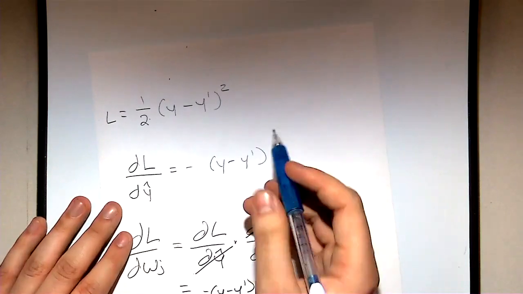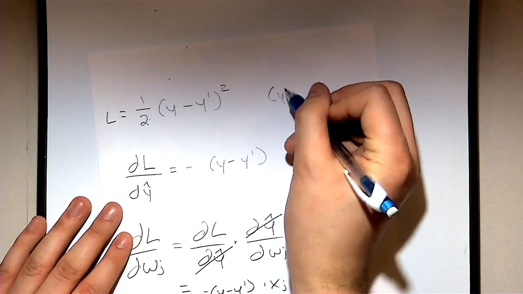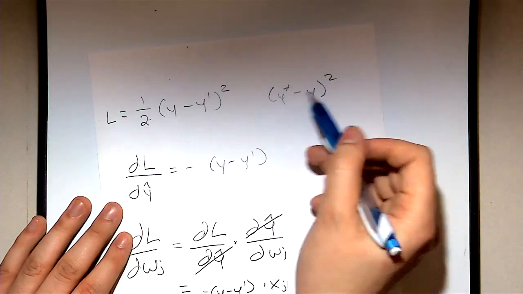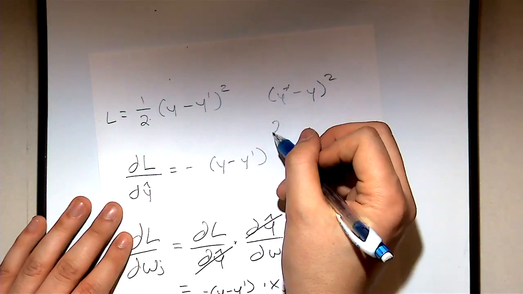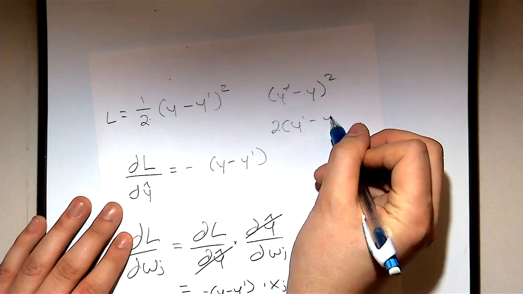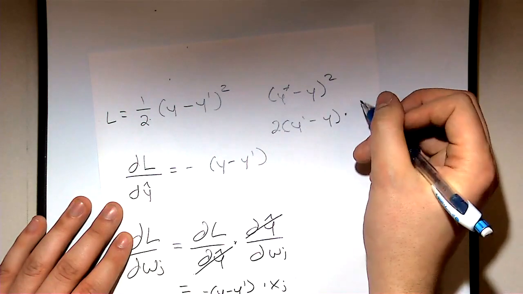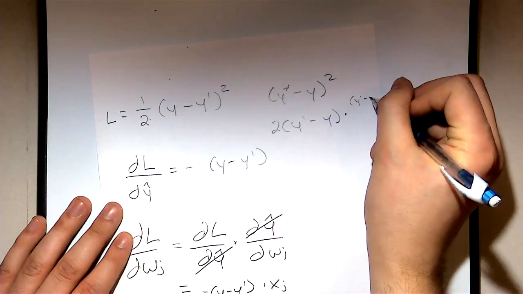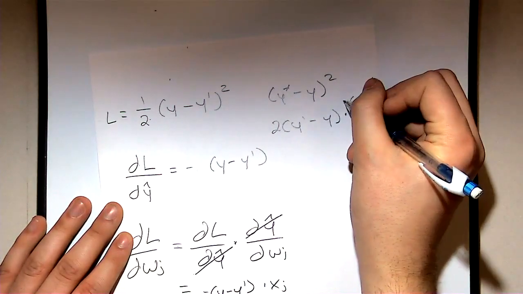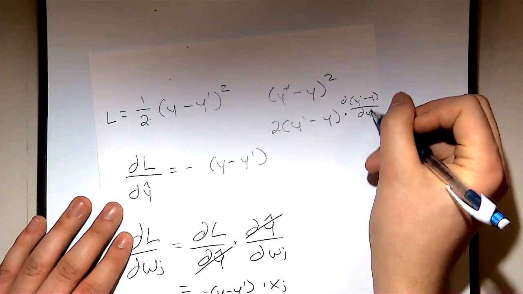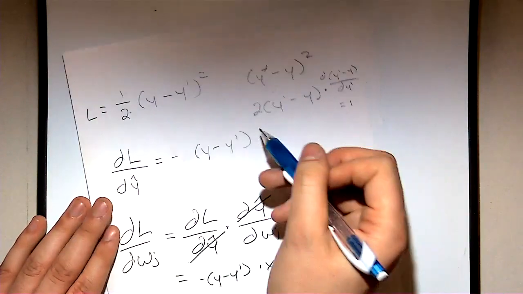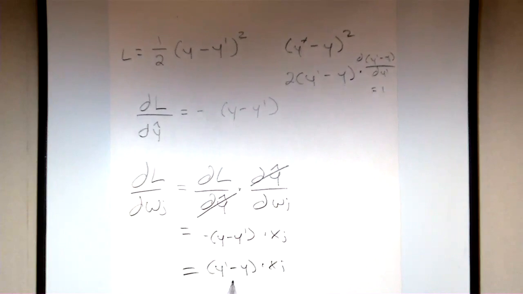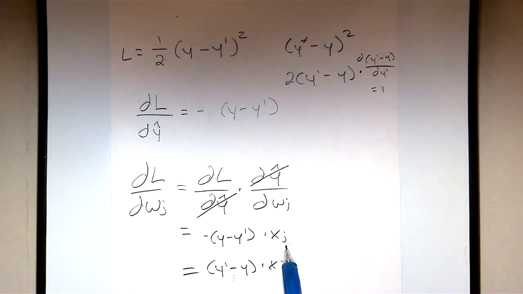If we were to swap this around so that this was instead y hat minus y squared, then we don't get the minus sign here because we'll just get 2 times y hat minus y, and then this is multiplied by this inside, y hat minus y d this dy hat, which happens to equal 1. So this doesn't end up with a negative sign, actually. But if we distribute the negative sign down here, we get the exact same answer, you'll see.